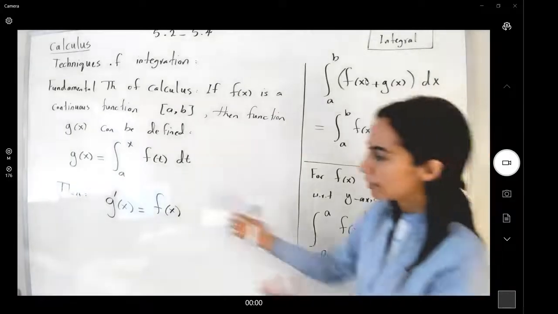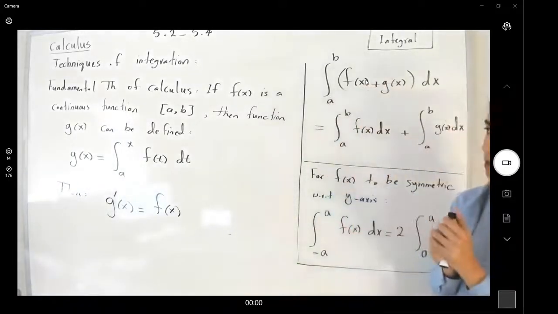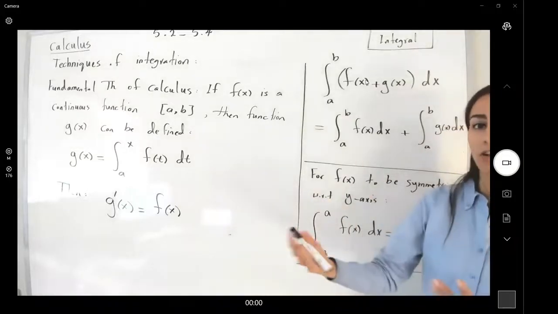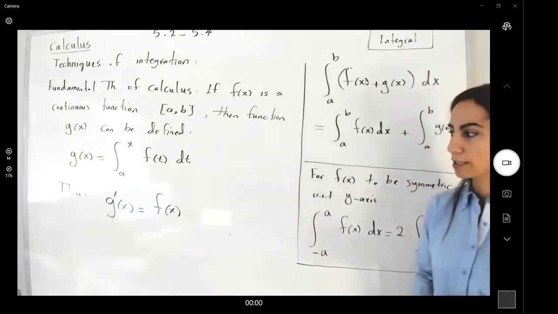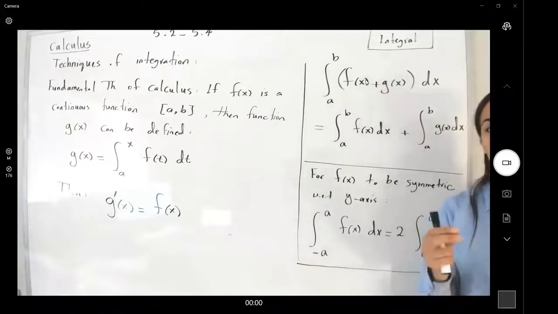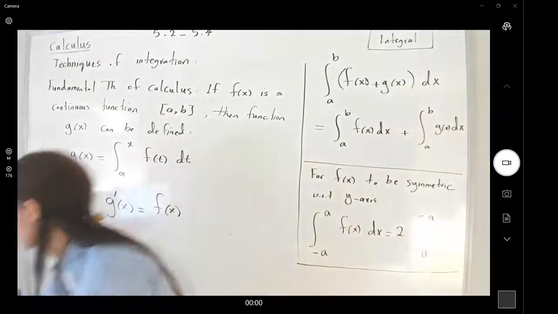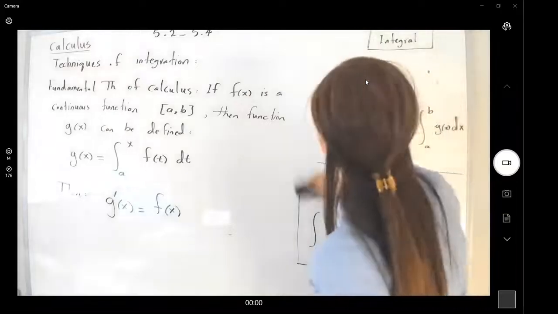So this actually helps us to make sure when we are defining the integrals of functions, we have a correct integral. What do I mean by that? Take a look at this.